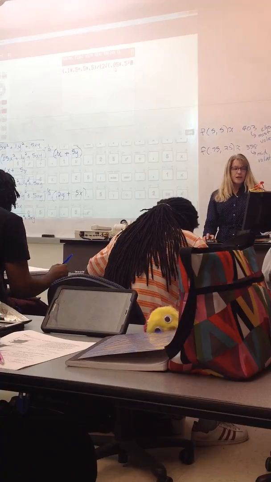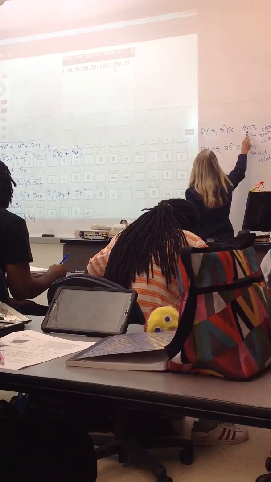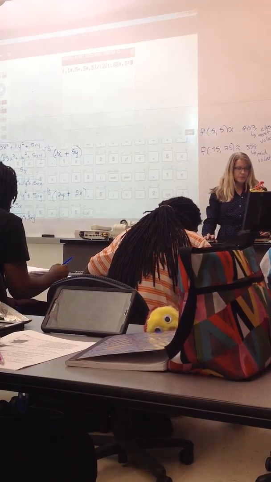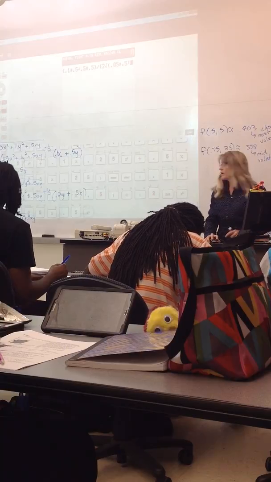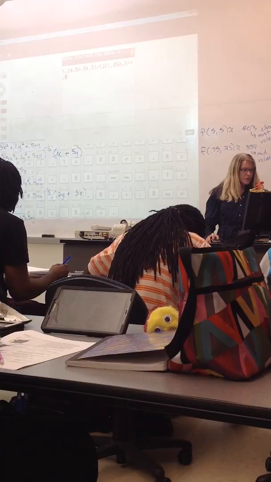I'll go back, now I'm worried that I put 0.5 when we calculated these. But no, the numbers make sense though. So I'll double check them, but I'm being careful right now, okay? Plus 0.1.